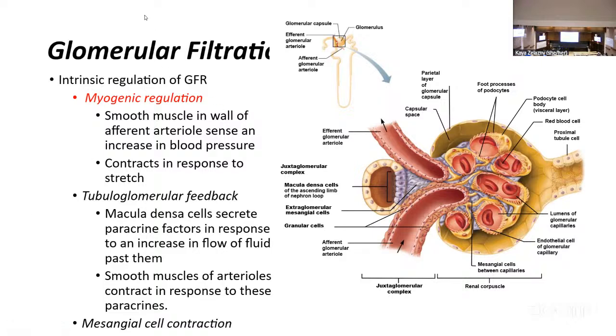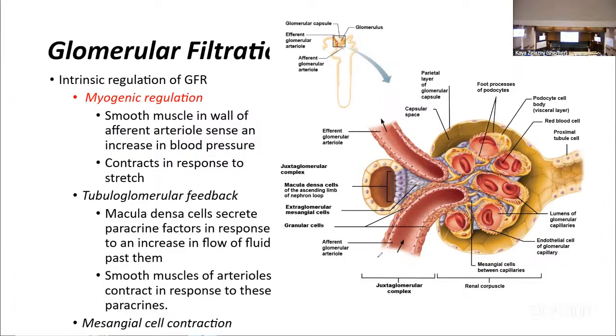So what we're looking at when we're thinking about that myogenic regulation is here's our afferent glomerular arteriole, and the blood flow in. We're thinking about the effect of those walls bouncing back. Smooth muscle in the wall would have a tendency to bounce back when it's stretched out, which means that we're going to slow down the flow of fluid going into the glomerular capillary.